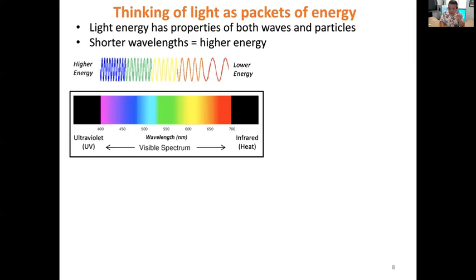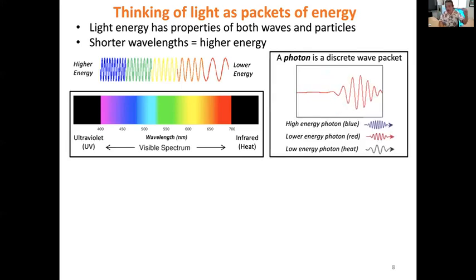And this is where the whole particle thing comes in, because a photon is a discrete packet of waves that are traveling together. So to use that beach analogy again, those of you who surf know all about being out there on your board waiting for a good set of waves to come in. The waves come in in a set, and that's like a packet, a unit of waves coming in.